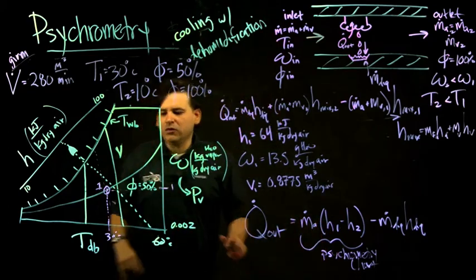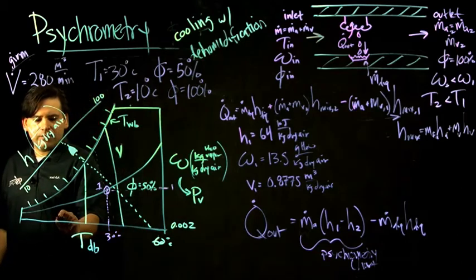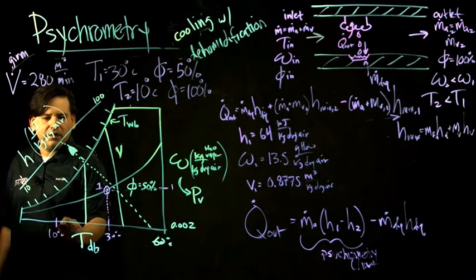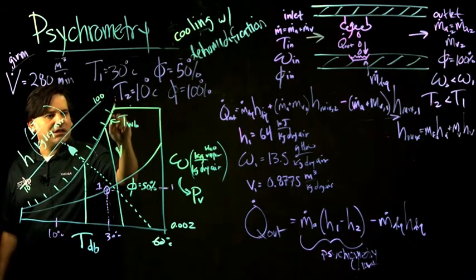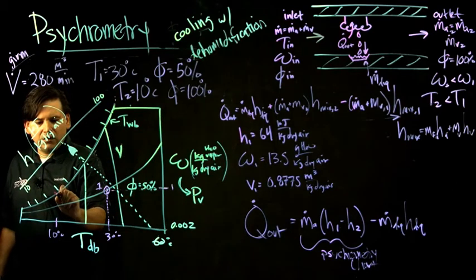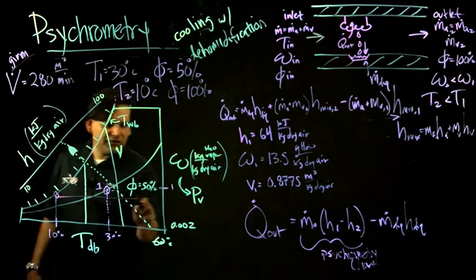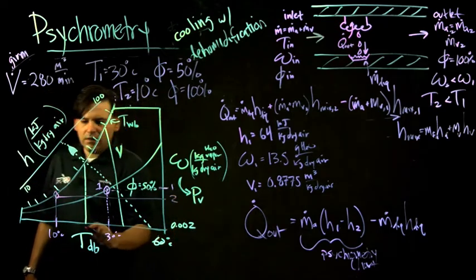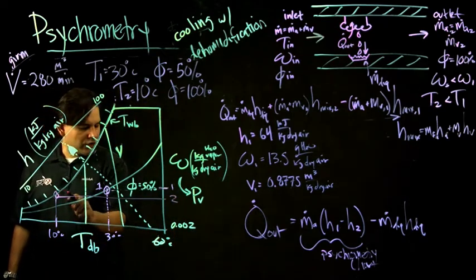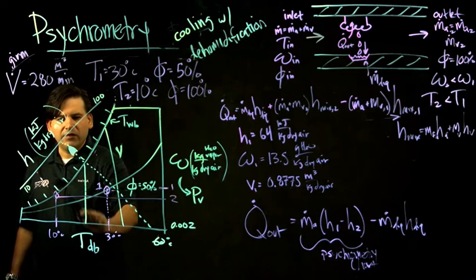For state 2, we're at 10 degrees, somewhere around here, and it's saturated, so it's this line here. So if we follow this line, we're at state 2. That'll give us a different omega. That will give us different properties. We'll get the enthalpy.